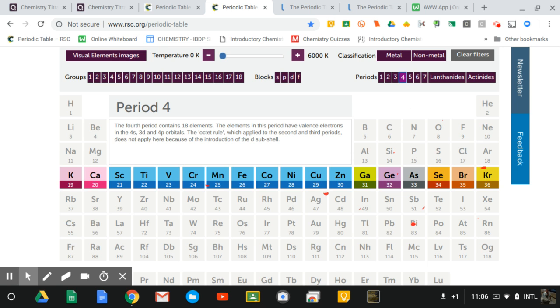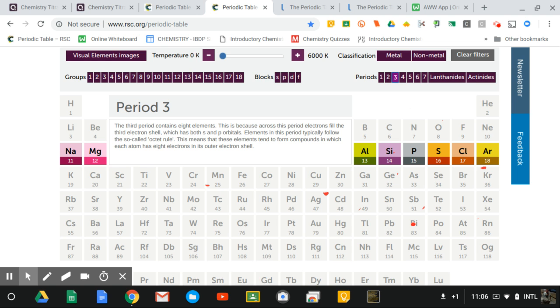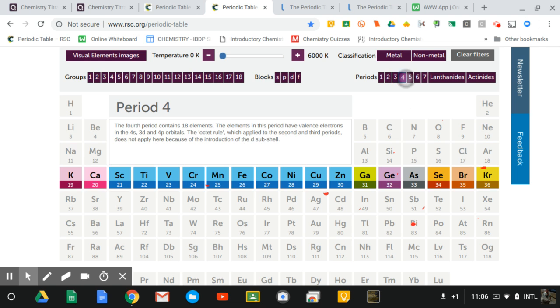But the main D block is typical metal. Let me go back to period number 4. From potassium all the way to gallium, all of them are metals.